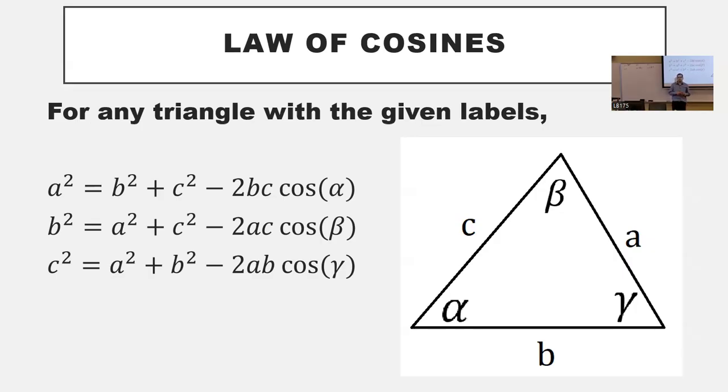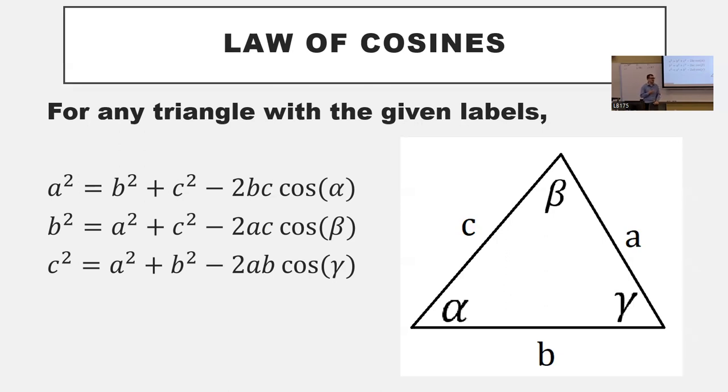Notice that on the left-hand side, it's always the side length opposite the angle. On the right-hand side, it's the two sides that are adjacent to the angle. So this is the law of cosines. Now, it's probably the most complicated tool, so we want to use this sparingly.